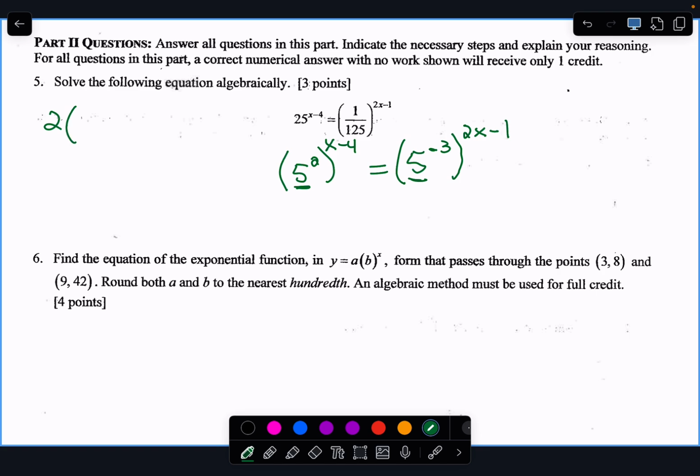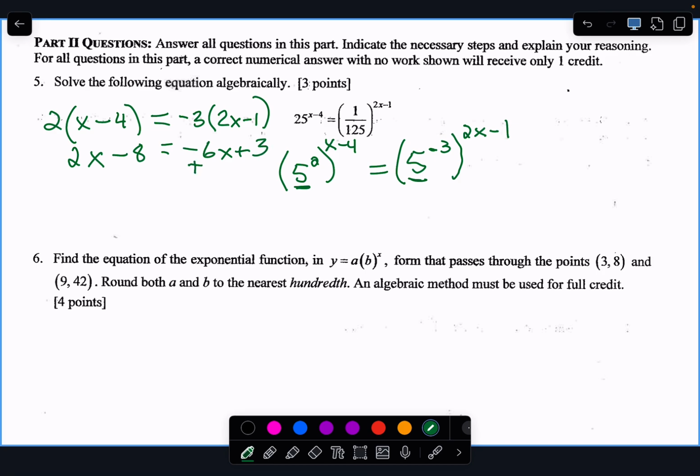So now we can make an equation. 2 times x minus 4 is equal to -3 times 2x minus 1. 2x minus 8, -6x plus 3. All right.